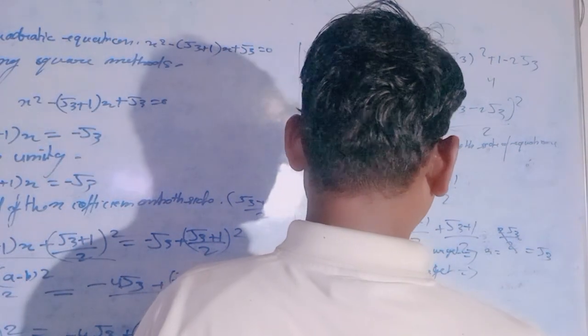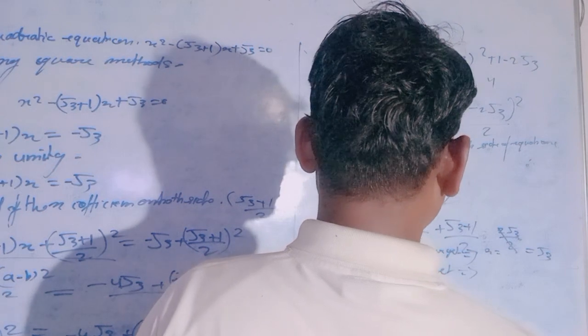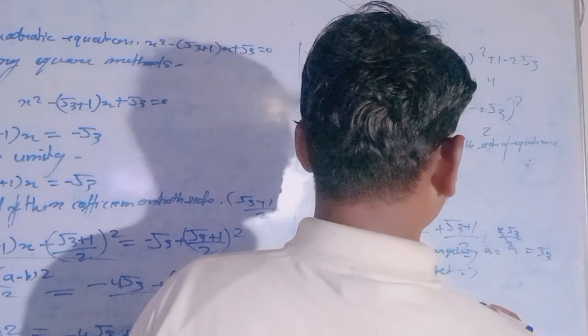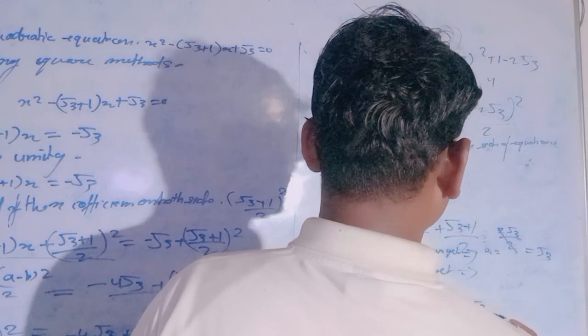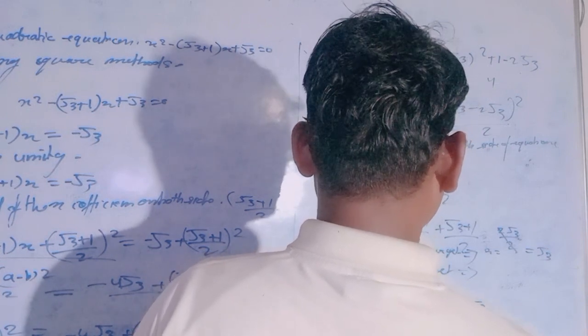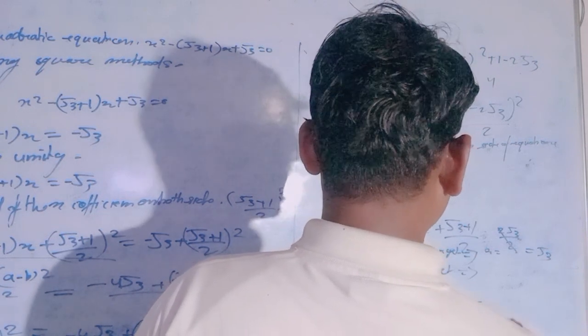So √3, here is the positive and here is negative. So √3 by √3, 2√3. So 2√3 by 2, minus 1 cancels.